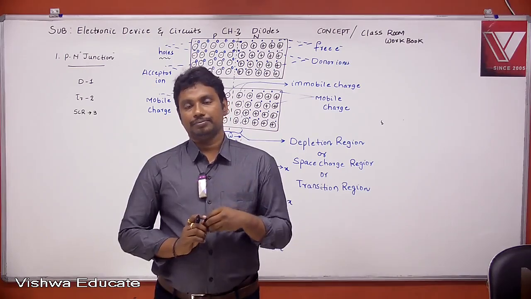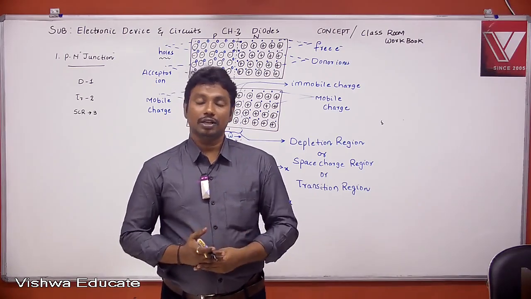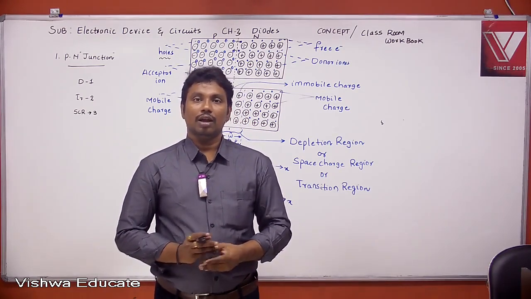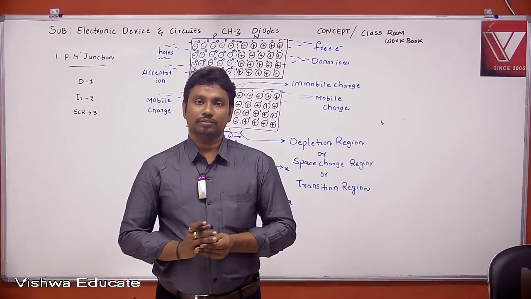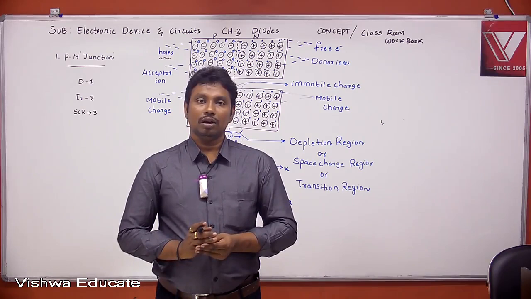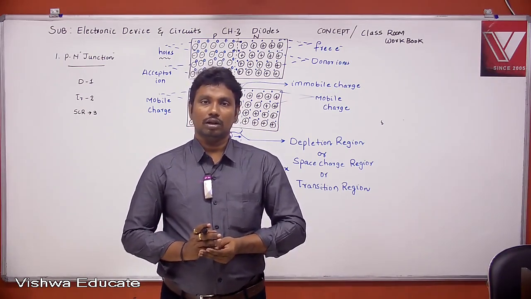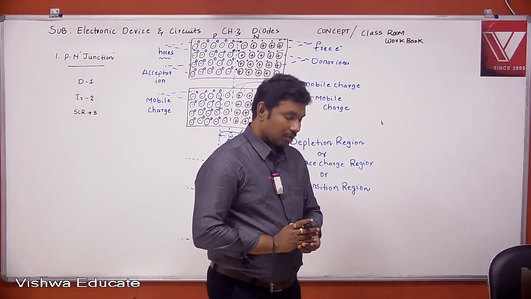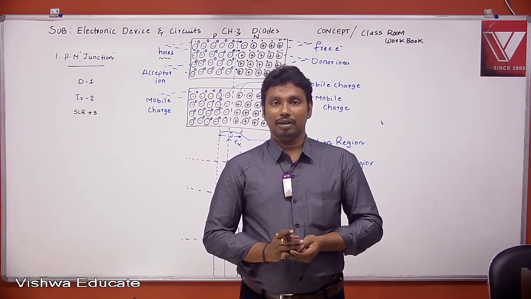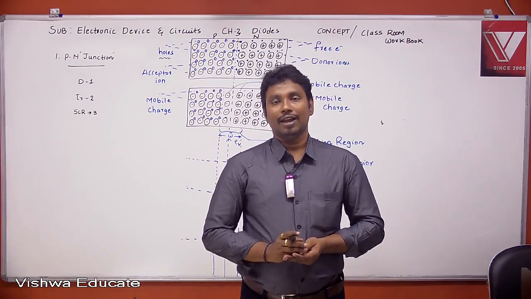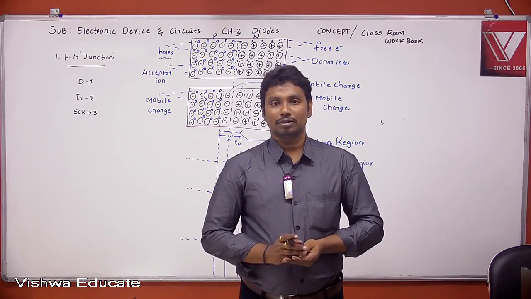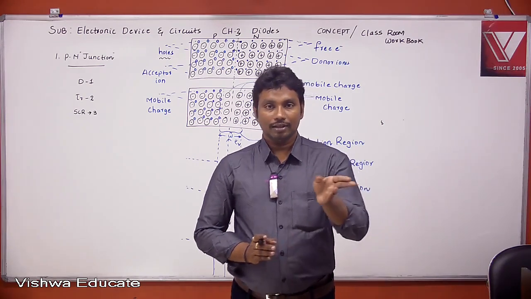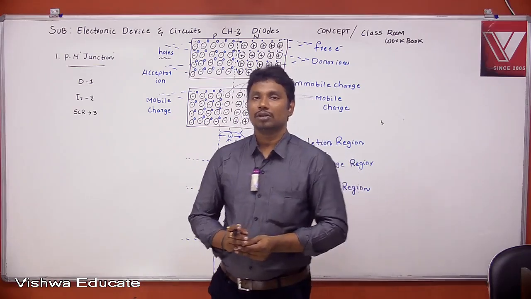In N-type, the majority charge carriers are free electrons, along with donor ions. Hence, the PN junction is said to be electrically neutral or charge neutral.